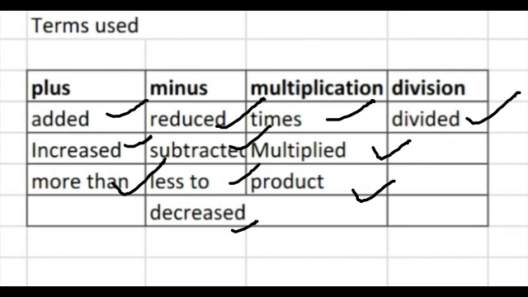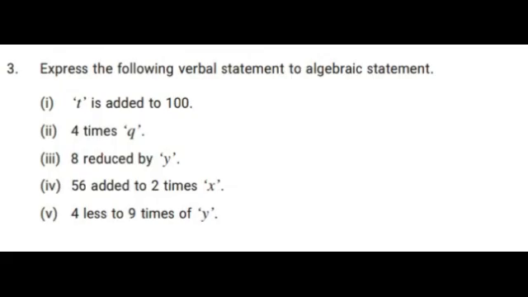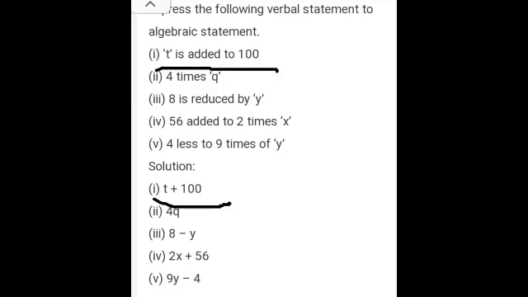Okay. Now we'll move to exercise 2.2. Question number 3. Express the following verbal statement as an algebraic statement. Whatever is given, that is called the verbal statement. Now we are going to write it in terms of algebraic expressions. The first one, t is added to 100.